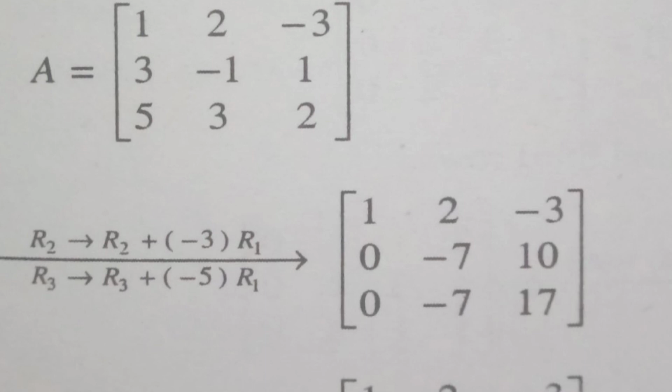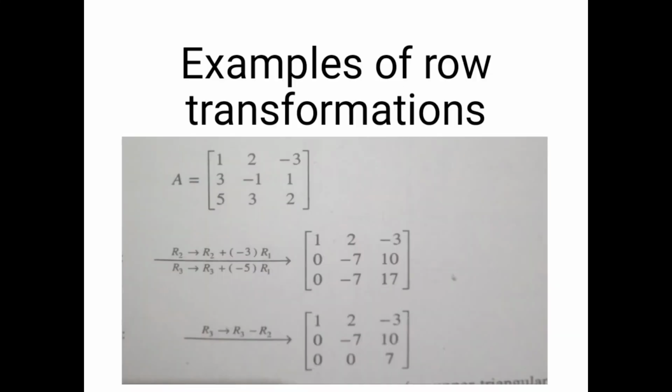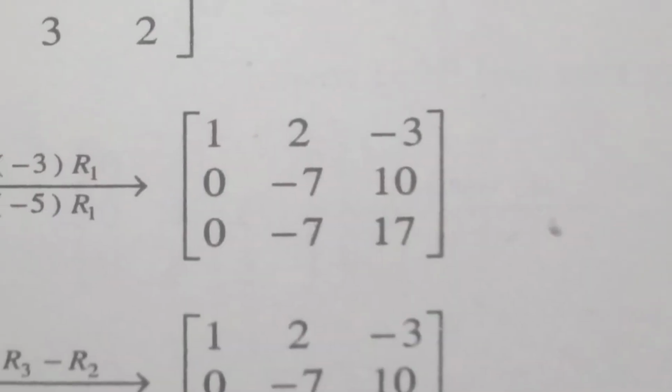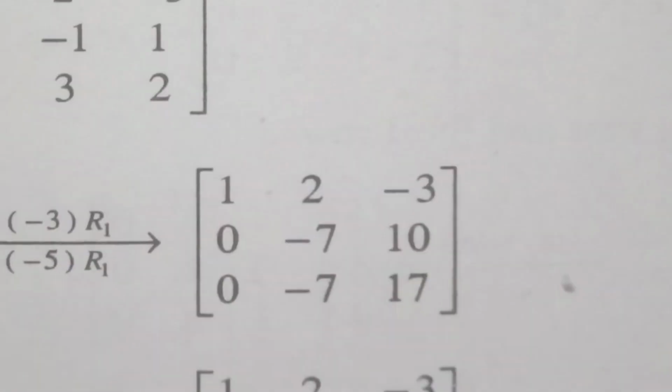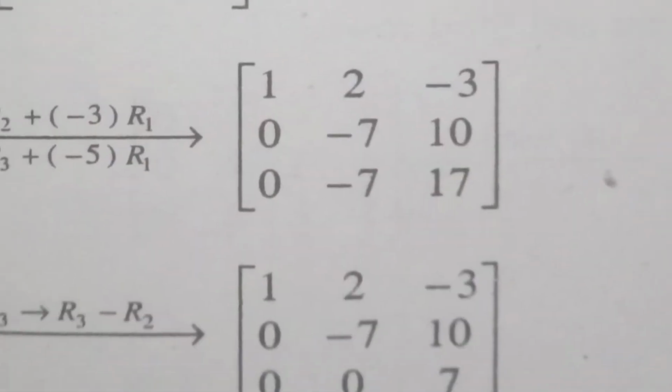So minus 5 into 1, minus 5 plus 5 becomes 0. Minus 10 plus 3 becomes minus 7. And similarly minus 15, minus into minus, it is plus 15, plus 2 becomes 17. So in the third row we have 0, minus 7, plus 17.